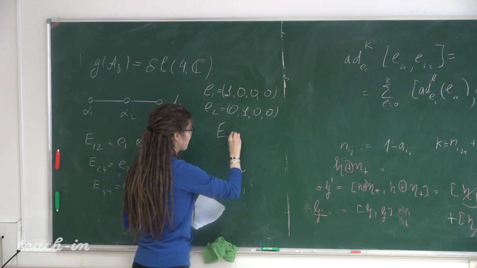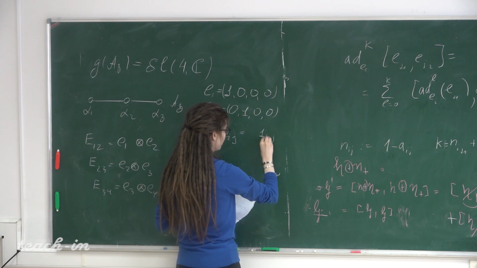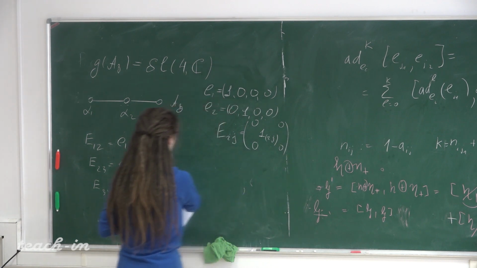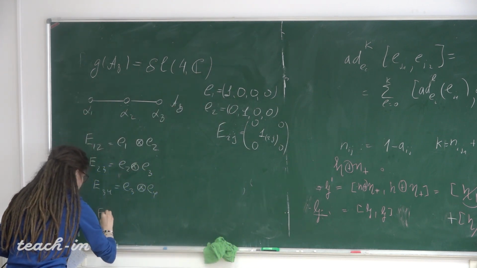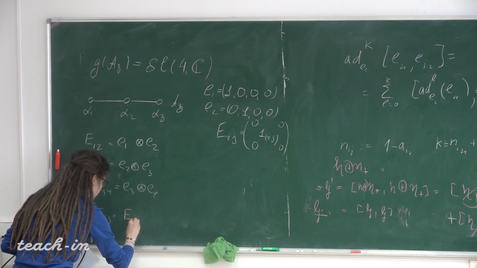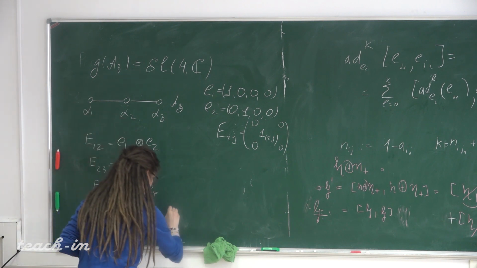As usual, 1 in the ij entry and 0 elsewhere. And also F_ij is equal to E_ji, and also h_i.